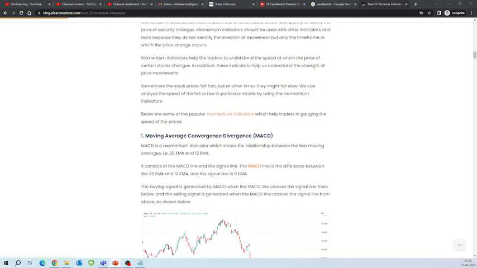The MACD line is the difference between the 26 EMA and 12 EMA, and the signal line is the 9 EMA. That is how it gives you the information.